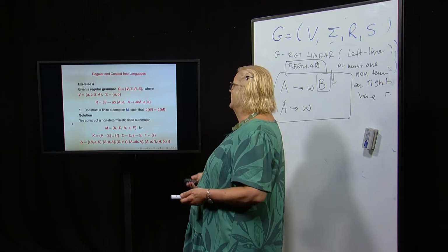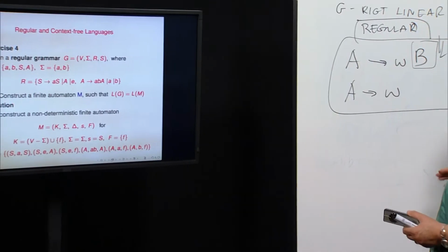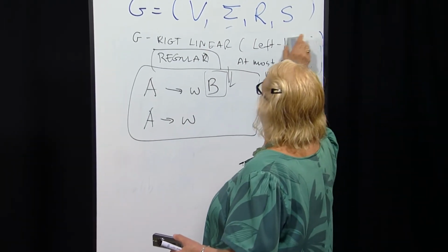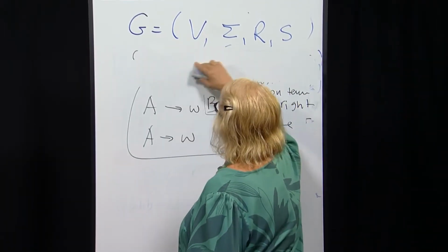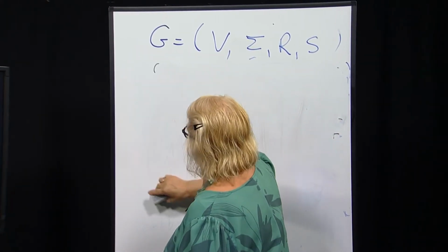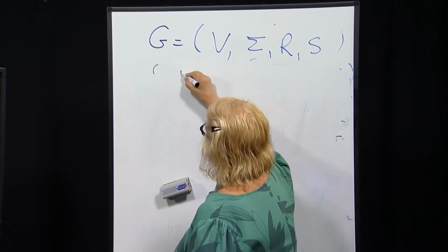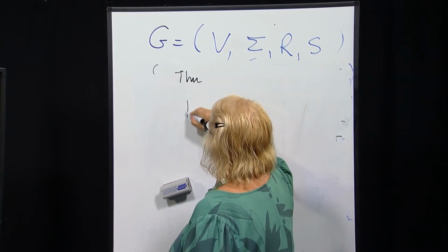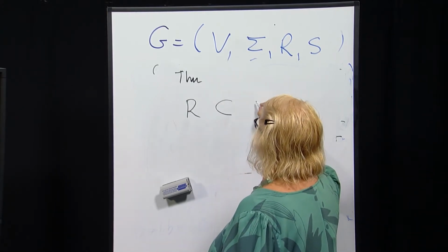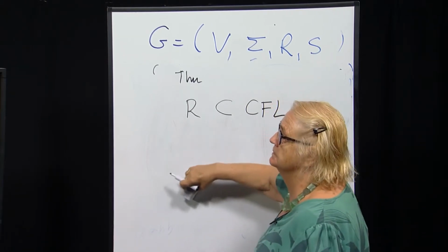And here's an example. Our goal now is to prove the theorem that regular languages are a proper subset of context-free languages.